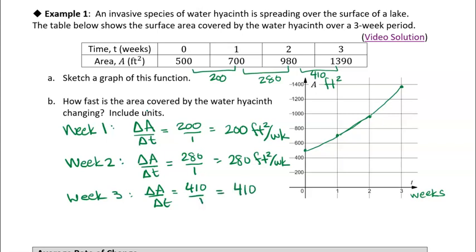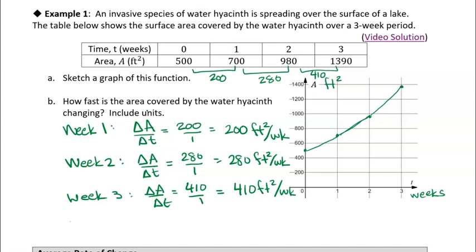So 410 square feet per week is the rate of change during that week. Okay, so you can see that the rate at which the area is increasing is changing over time.